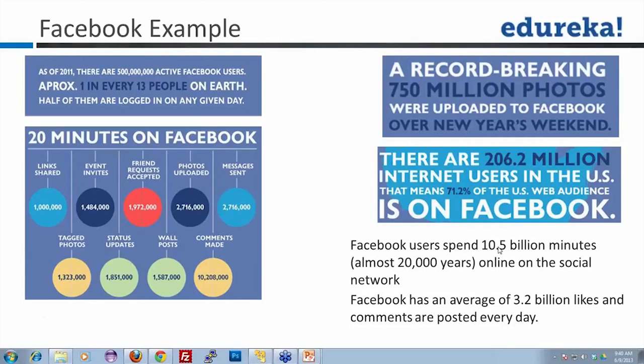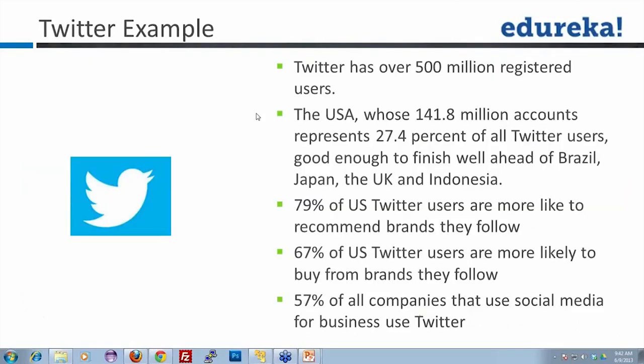If we go ahead, let's see another example. Now Twitter again, a social media company. Twitter has 500 million registered users. I'm not a big fan of these stats, and these have been taken from some blogs.